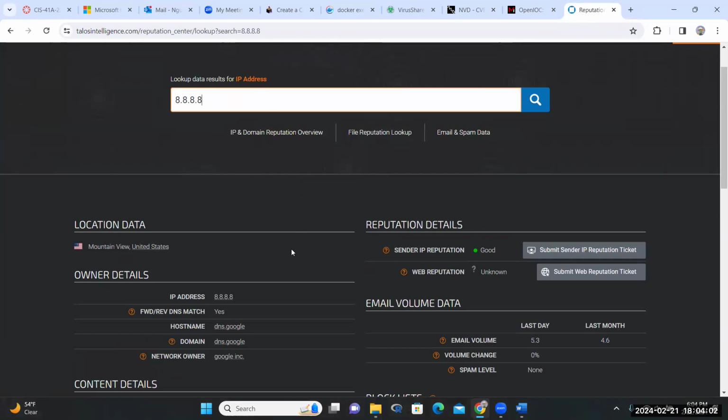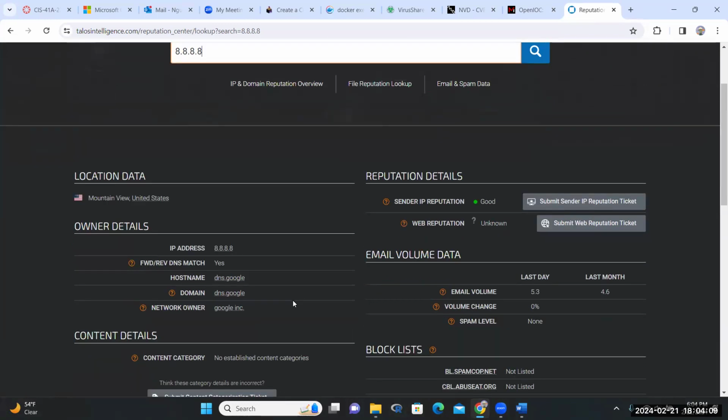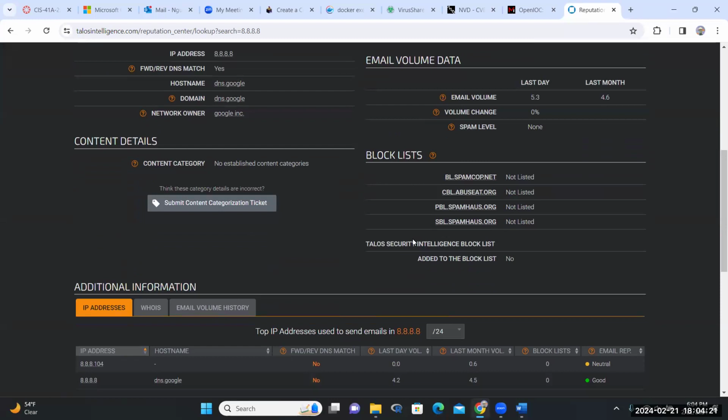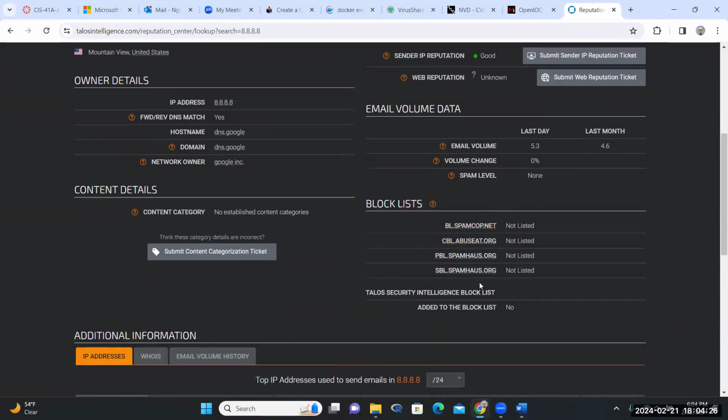So this is going to show you how you can gather information on the domain using a website. And then it tells you DNS match. Yes, dns.google, and it's registered to Google Inc. Now, sometimes they also block some of the information that's shared to these websites or tools.